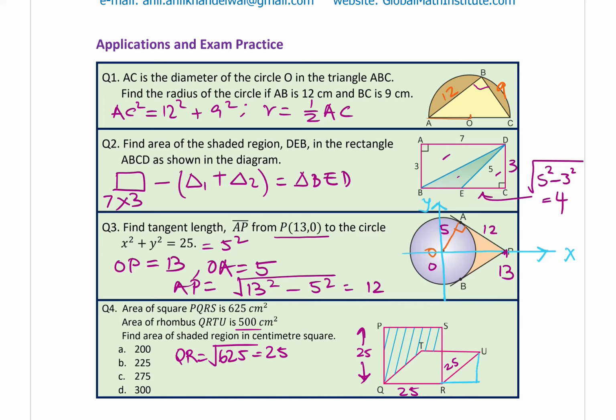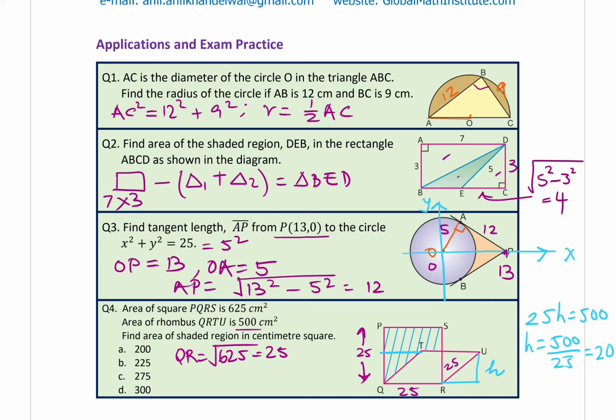If our height is h, then base into height is 500. So we can say 25h equals 500. So h equals 500 by 25. That gives you what? 25 goes 2 times, 50, and then 0, 20. So we know this particular height is 20.